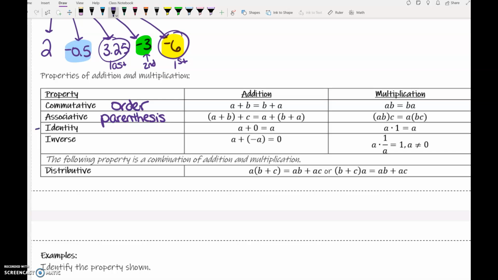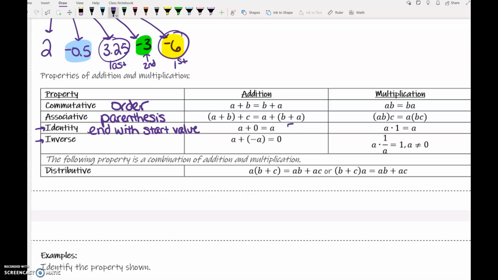The next two are easy to get screwed up. Identity means you end with where you started. I'm trying to write that small so I can get it in there. You end with your starting value.